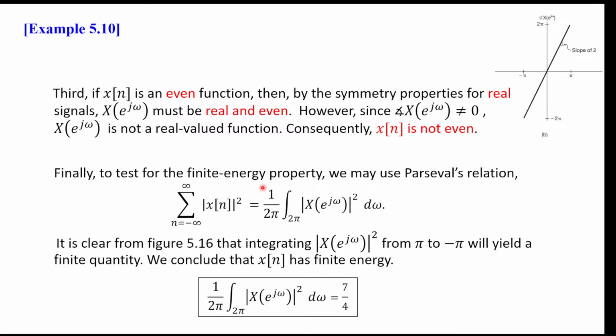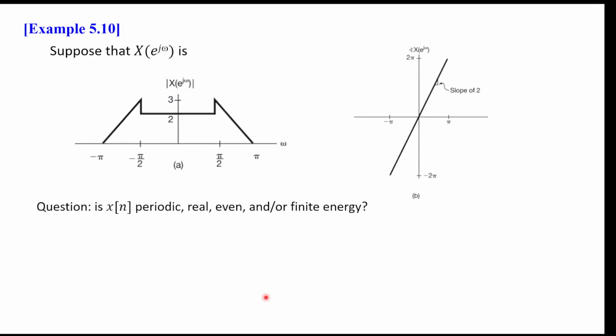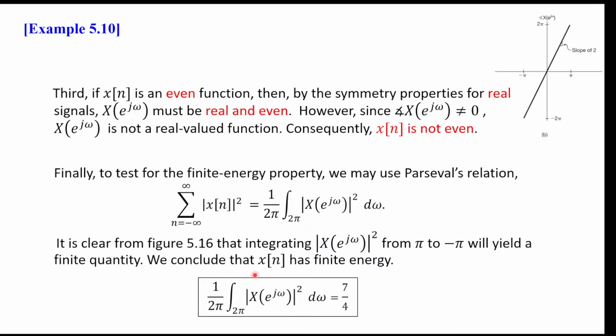We claim the integration gives this value if you actually do it. We don't ask you to do the integration, but you can check it yourself: integrate this thing squared and divide by 2 pi, and you get 7/4.